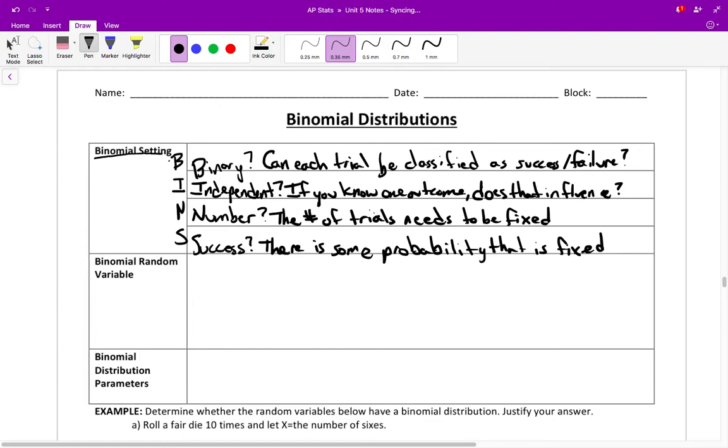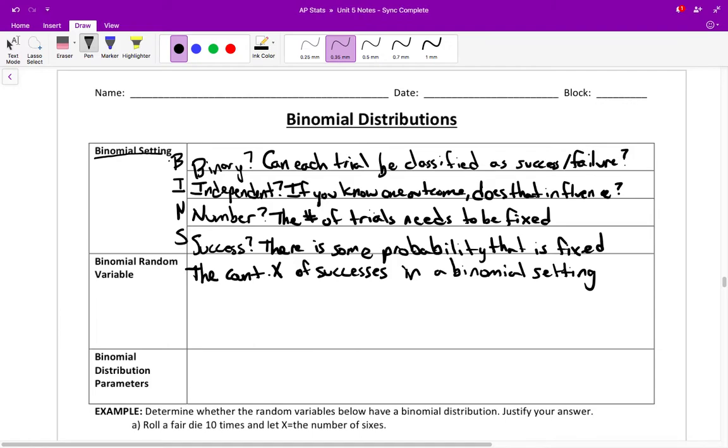Okay, so binomial random variable, let's talk about what that is. Basically, when you talk about a binomial random variable, the count x of successes in a binomial setting is a binomial random variable.